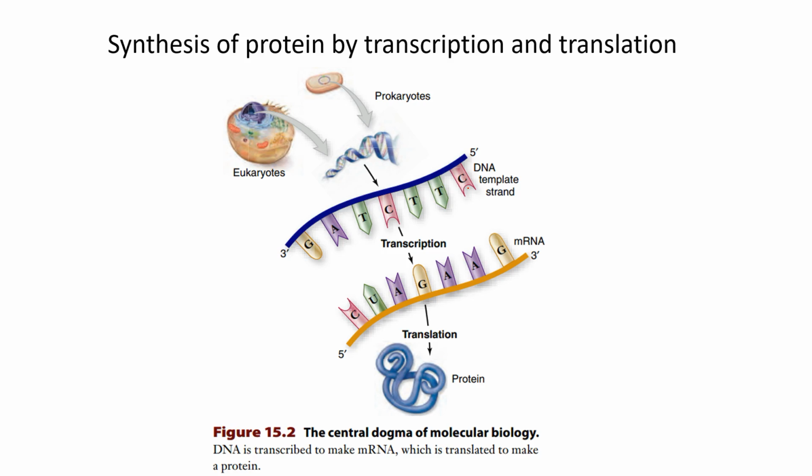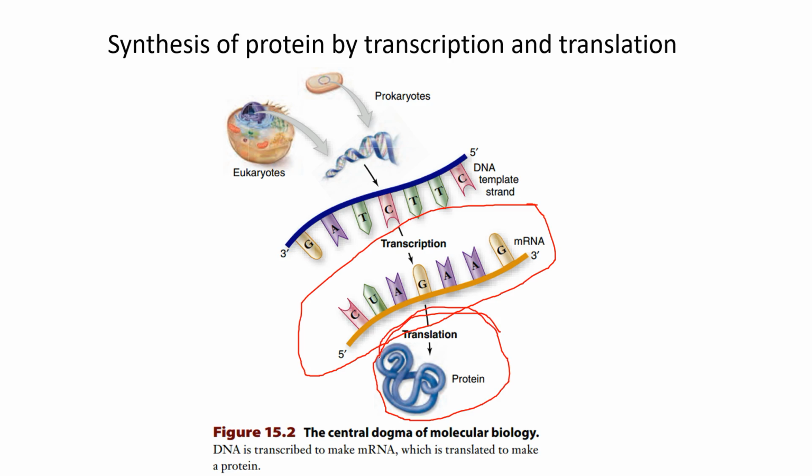From this diagram, you can see that transcription will synthesize one RNA. Then from translation, from the RNA you get a protein. That's the basic knowledge of transcription and translation.